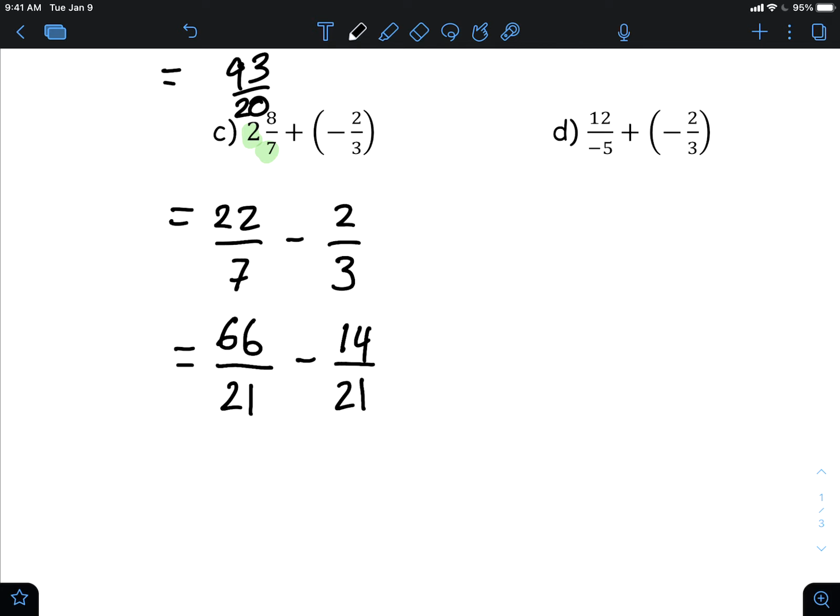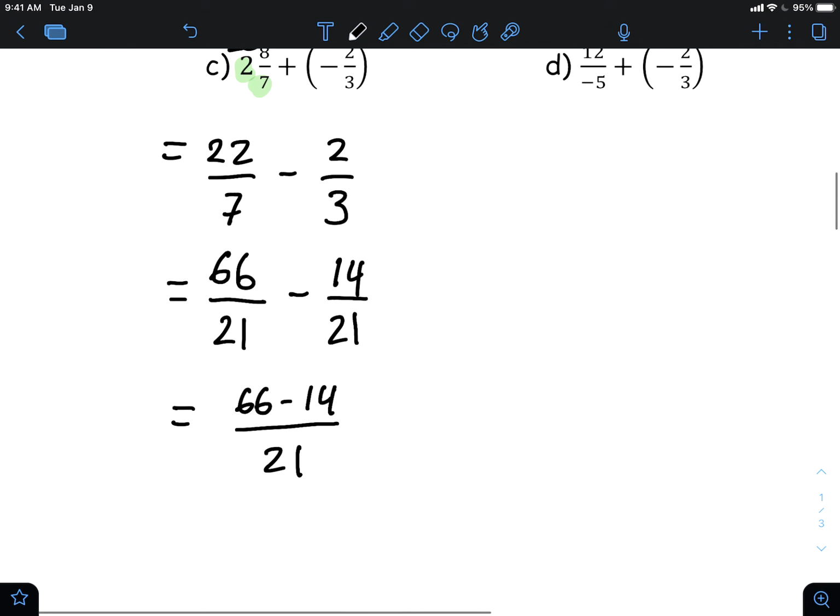Okay. And now we're subtracting 2 numbers, but the process is the same. We keep the denominator the same. The only difference is we're just going to be subtracting the numerators, rather than adding them. It's the same thing. If you want to think of it as adding a negative number, that's also the same thing, whatever you prefer.